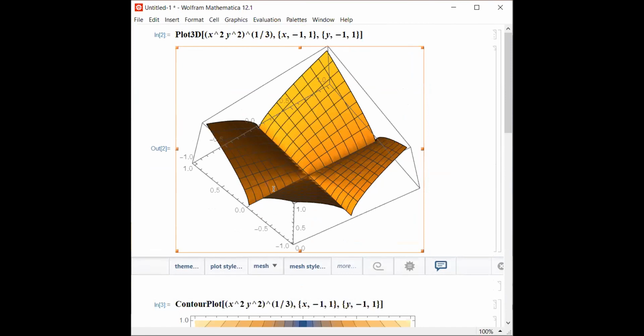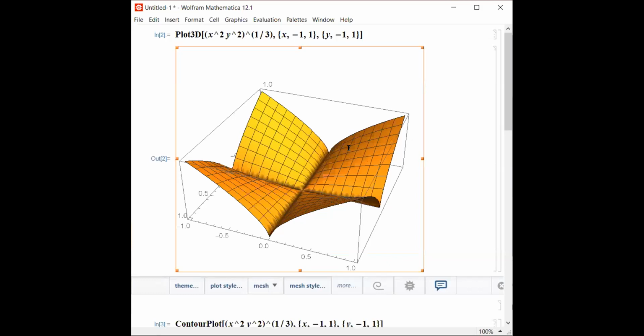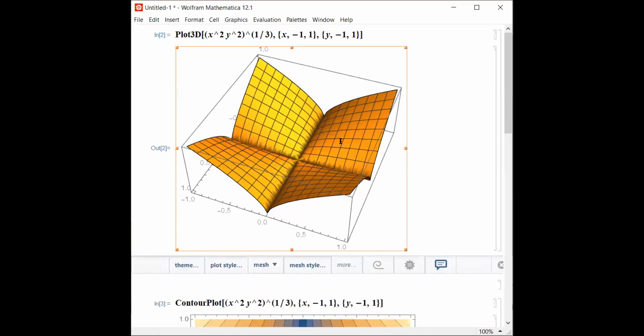Where are we getting that strange difference in behavior? So where are the trouble points? It's actually pretty nice everywhere except where. Yeah, along the x and y axes, that's where we're having some trouble. Everywhere else, it's okay.